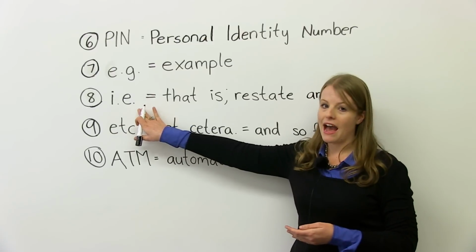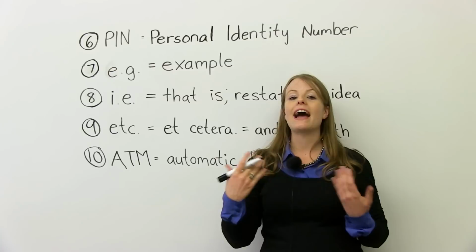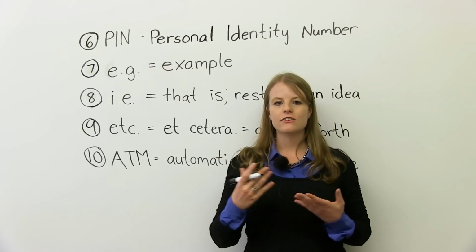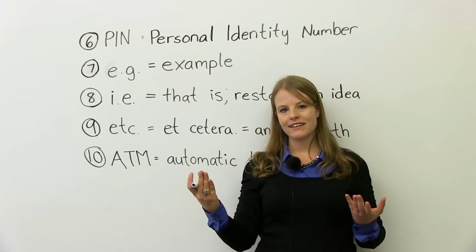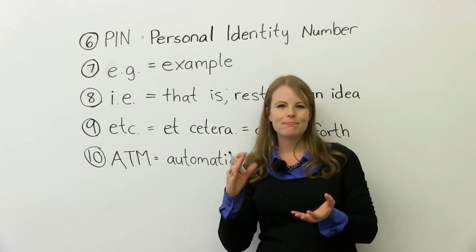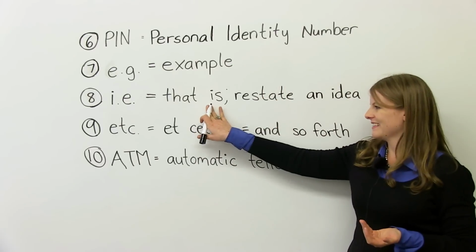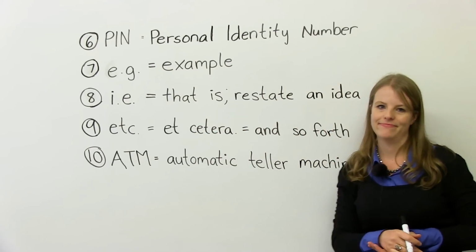This is different from IE, I.E. which is used to add clarity to something. So it means that you say something and then you want to say it again, but maybe in different words. So that sort of means that is. So you restate an idea.